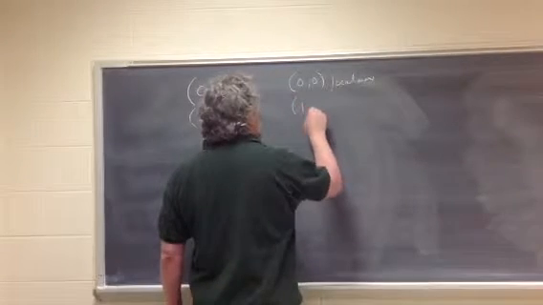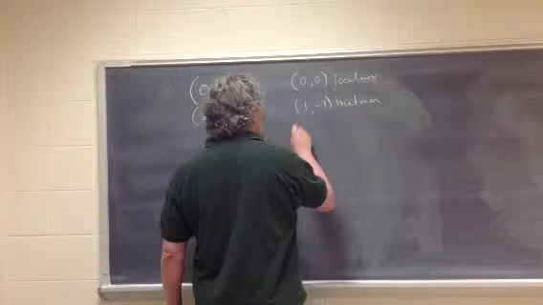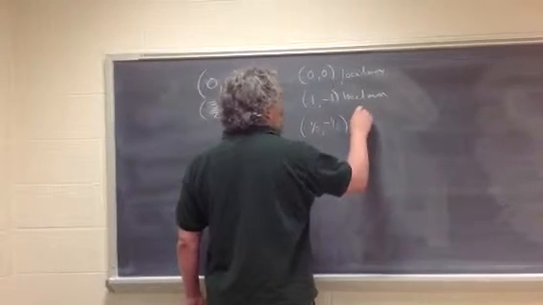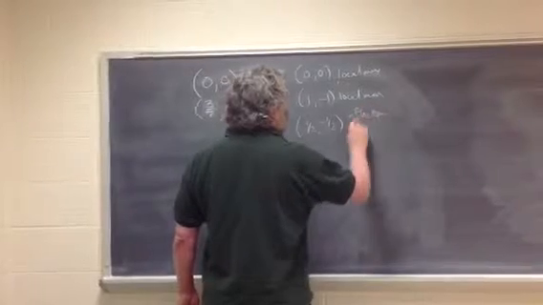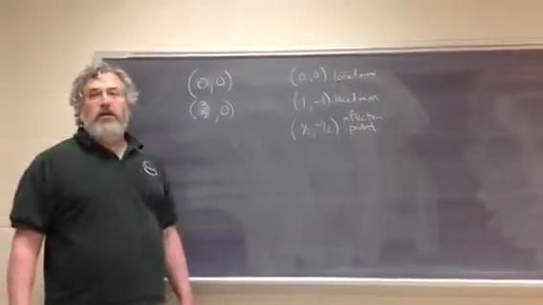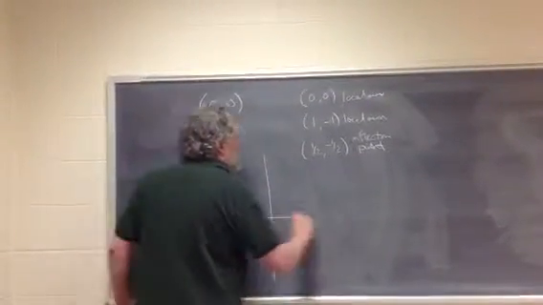We have a local min here, and we have an inflection point there. How do we do all of this? Well, basically, we put these points on the graph and see what else we need.